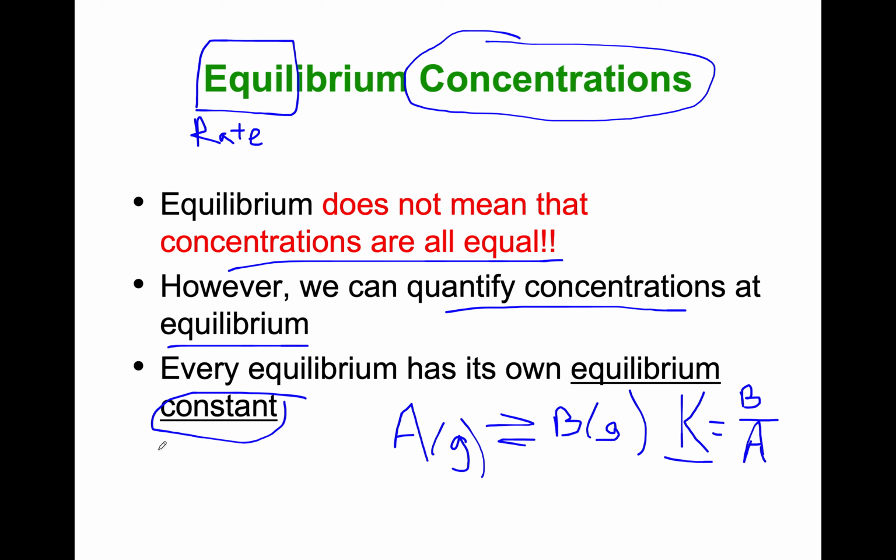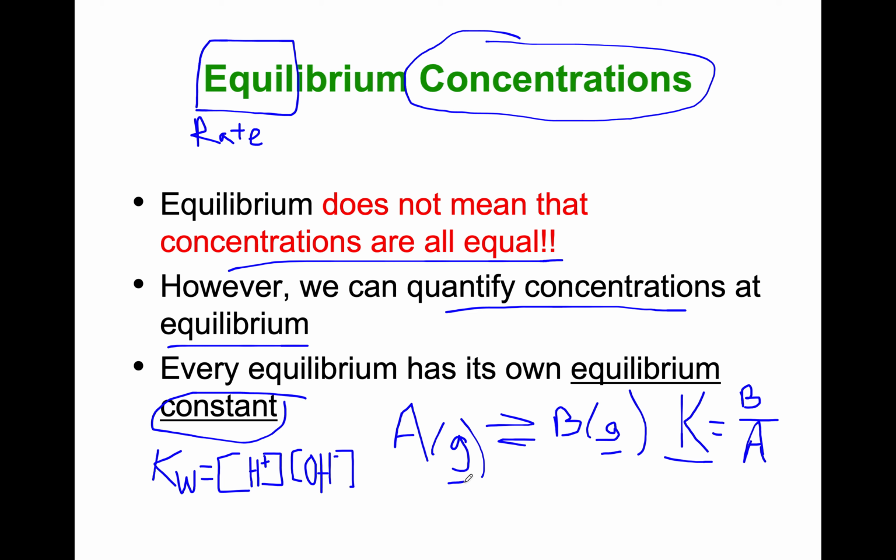So you may recall we saw in the last chapter, acids and bases, we saw the Kw, and that's where the H plus equaled the OH minus. Well, that looks a little bit different. Over here, I have a numerator and denominator, B over A, because those are in the gas phase.